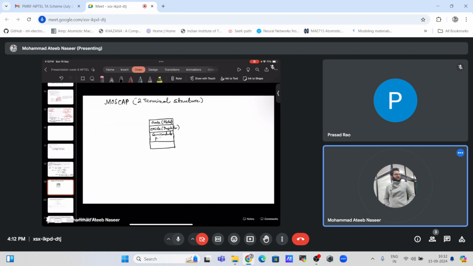Let's say it's p type, because I will be drawing the band diagram. It can be n type as well, but since I am drawing the band diagram for the p type configuration only, and there will also be the back contact. This is back ohmic contact.